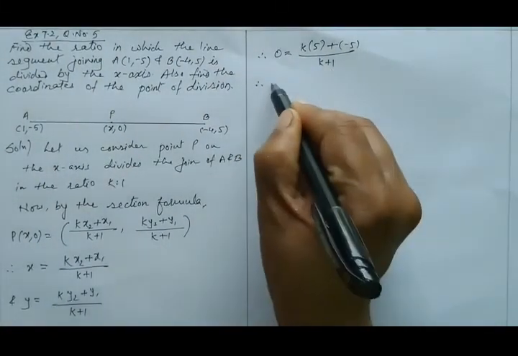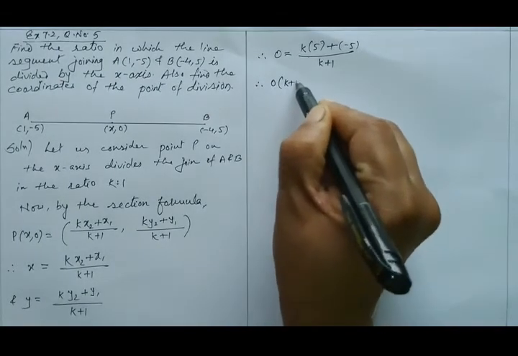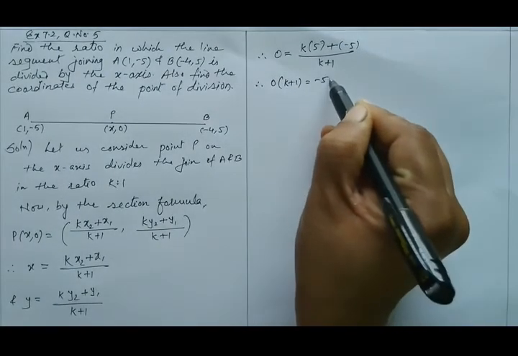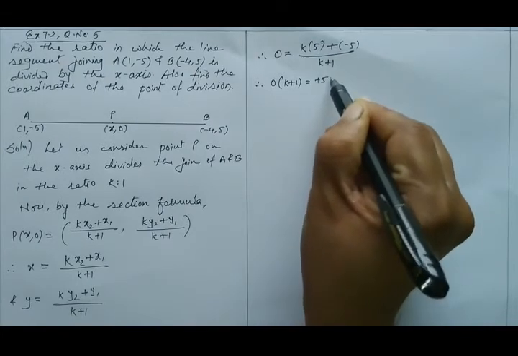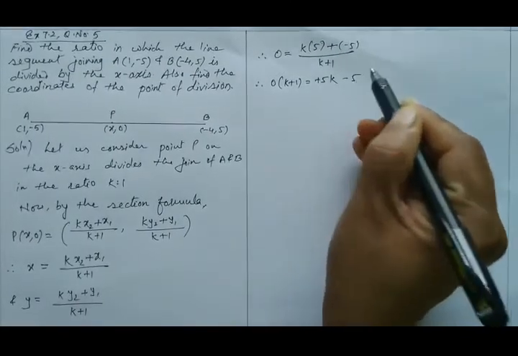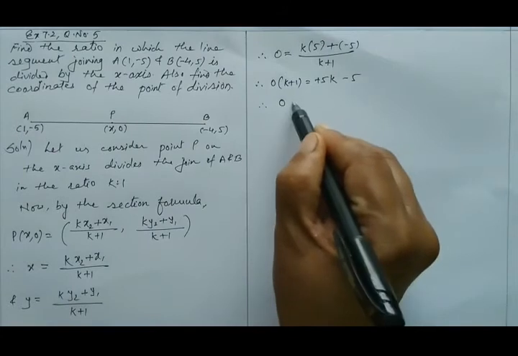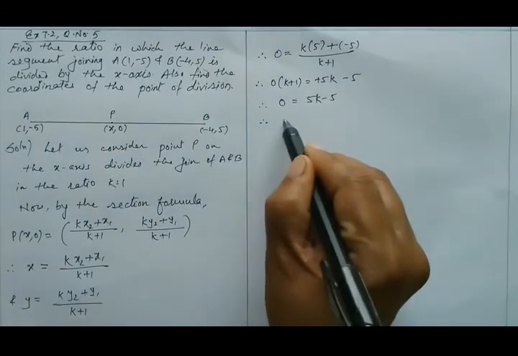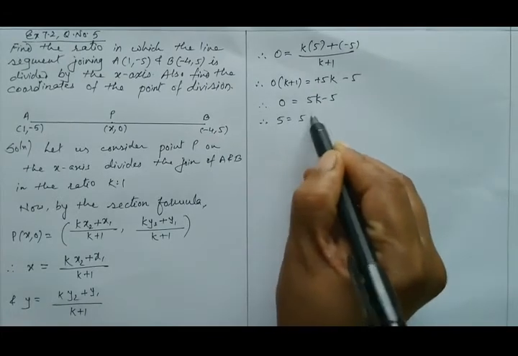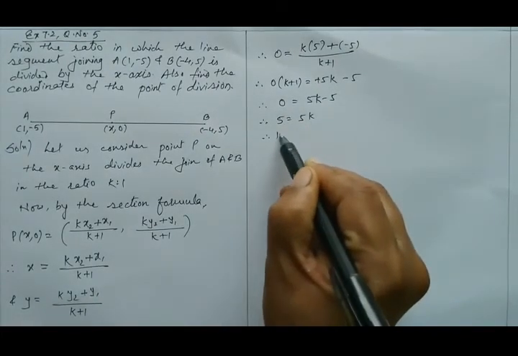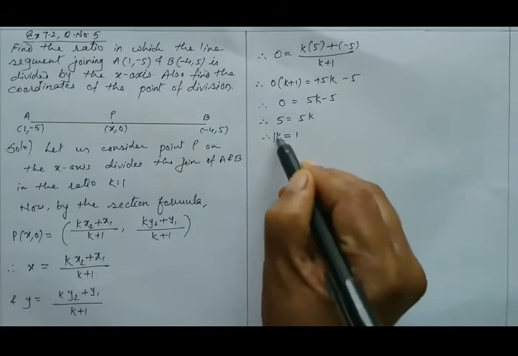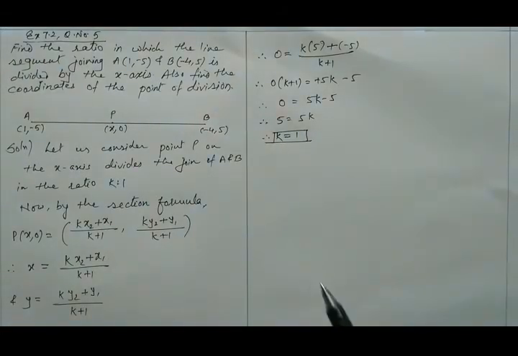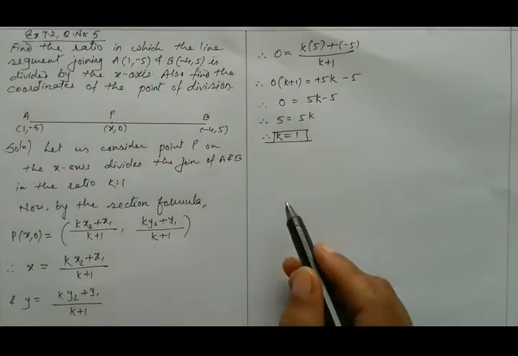So k plus 1 will go here, so 0 into k plus 1 is 5k minus 5. So this is nothing but 0 is equal to 5k minus 5. So 5 is equal to 5k, therefore you got the value of k. So k is 1. Okay, k is 1.